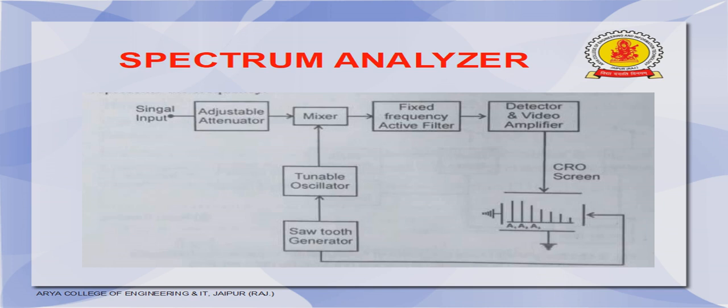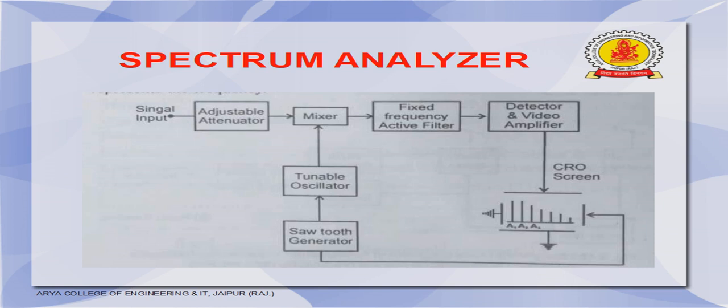There is a filter which allows the frequency components below the cutoff frequency to pass. There is a mixer which gets input from the low pass filter and the VCO, and produces an output which is the difference of the frequencies of the two signals applied to it.